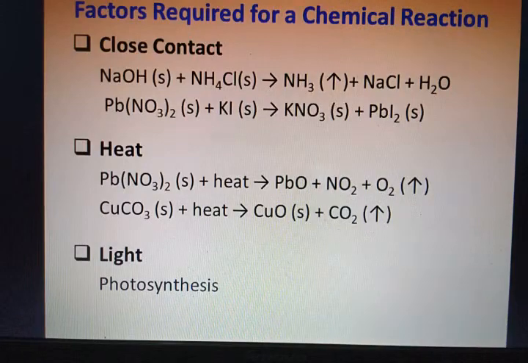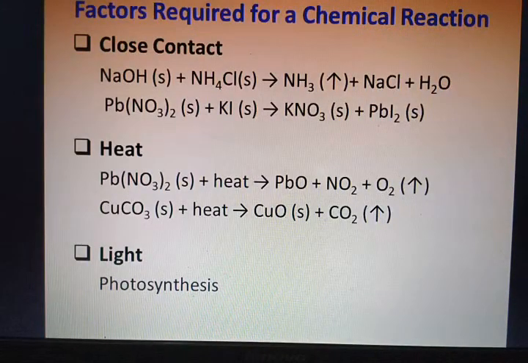This is another very important criterion which leads to a chemical reaction. There are numerous chemical reactions which occur with heating. Until we heat the compounds, such reactions will not take place.